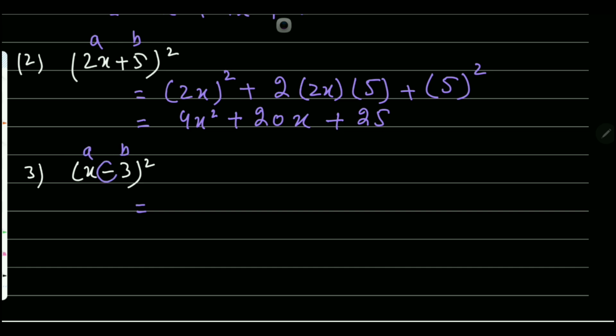You will just ignore the sign, b will be just positive 3, because the negative sign is used first, like a² − 2ab + b². If there is a negative sign in your question, don't forget to use the negative sign here.